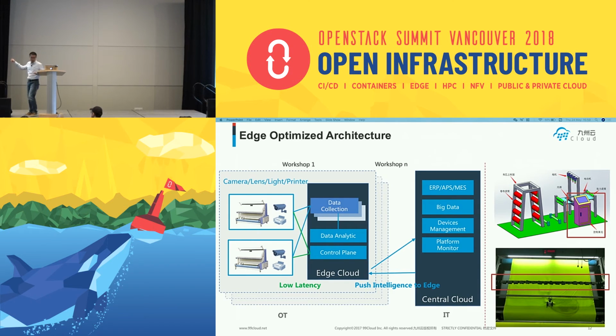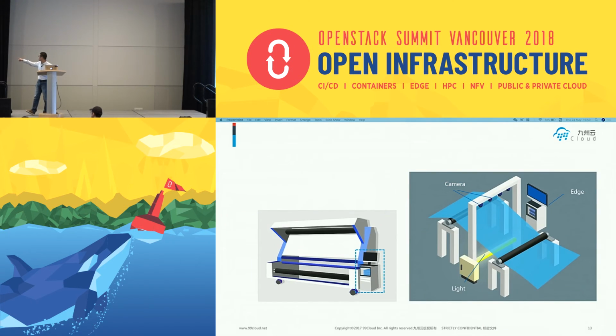Because you see here, let me show you. This edge cloud is close to the machine, and the machine has the sensor. We can directly use LAN to connect to the compute.